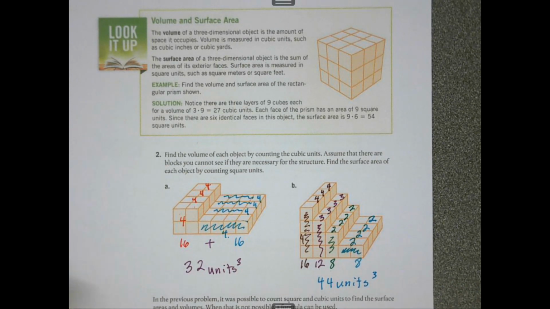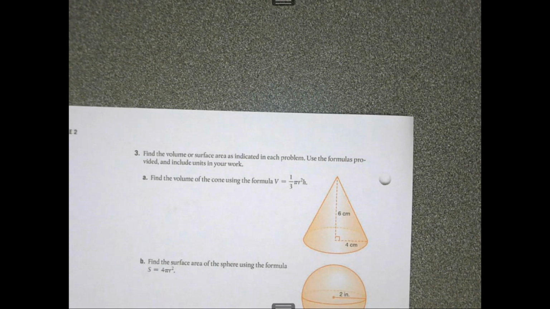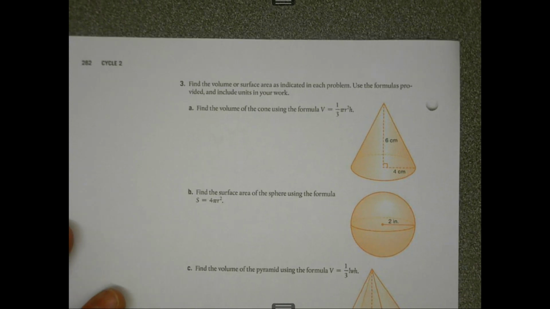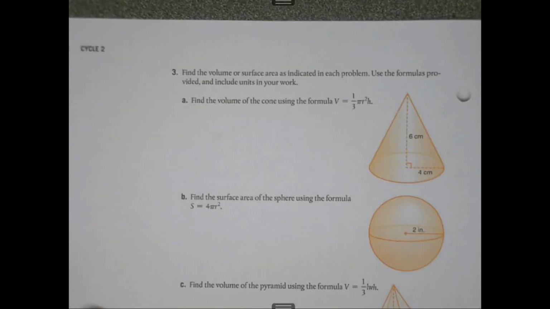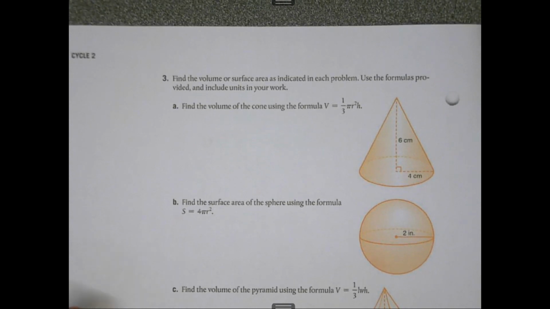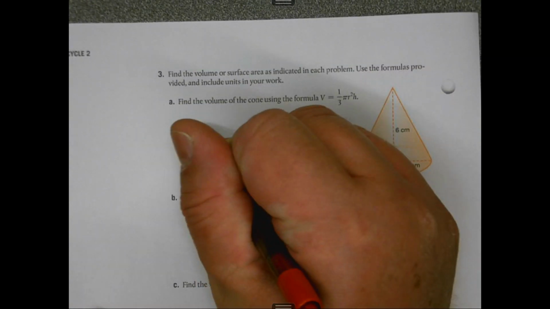Okay, next page. The next page actually works with the formulas. First one, I have a formula here. I'll always start with your formula too. Volume equals 1/3 pi r squared times height.